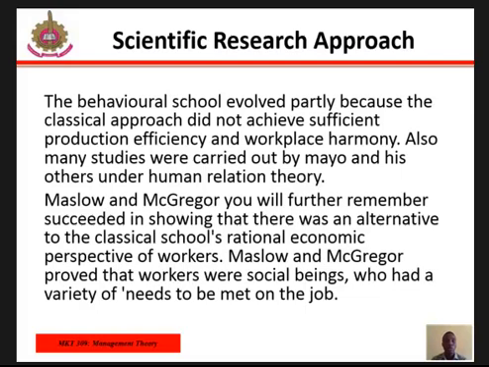Maslow and McGregor proved that workers were social beings who had a variety of needs to be met on the job. Despite all their contributions to management theory, their views can still be considered very general and simplistic. This led to the birth of a more complex view of the work situation, properly handled by the behavioral science perspective.